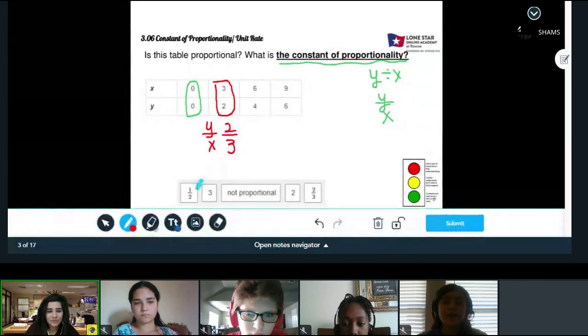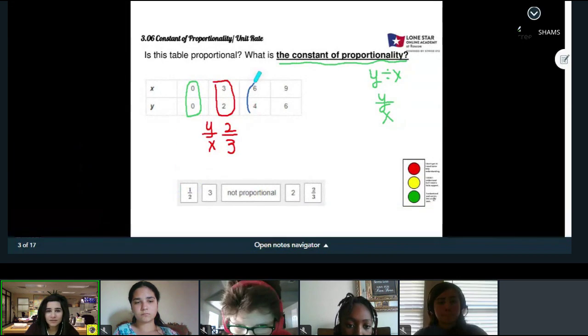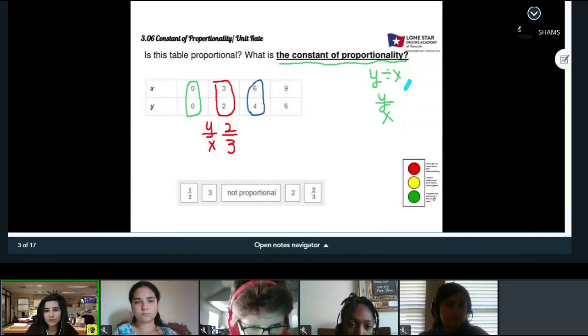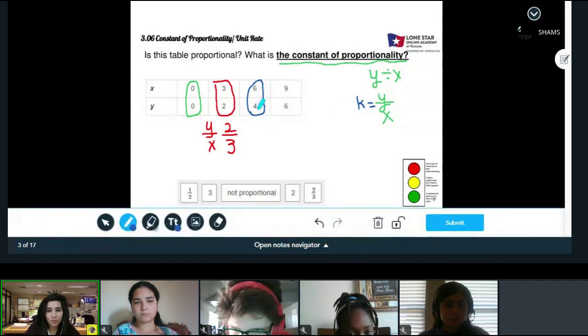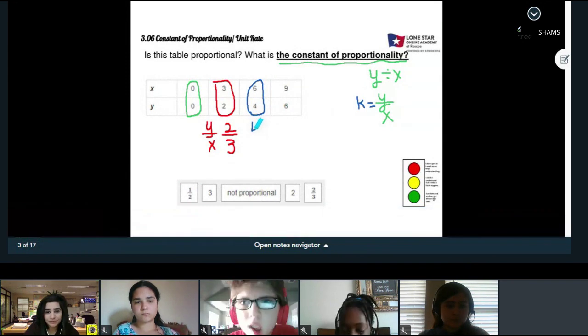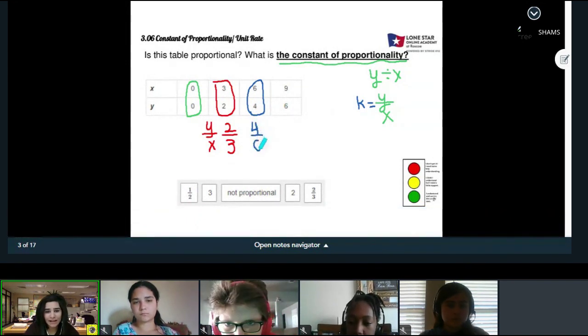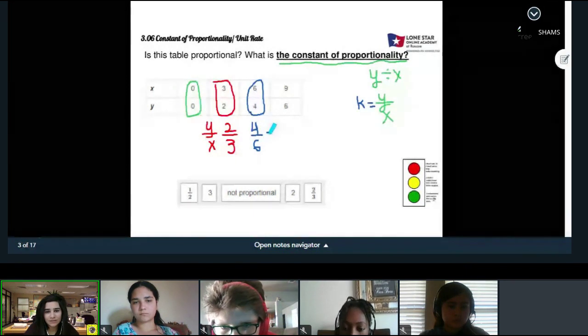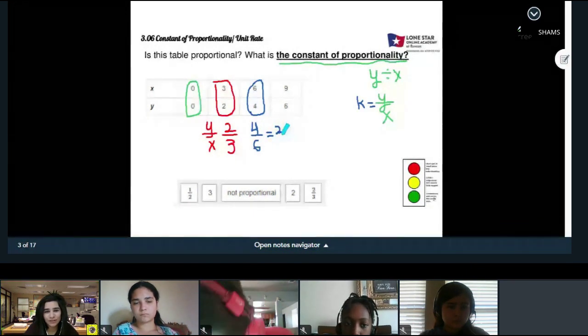Let's see the next one in a different color. 6 over 4. If I do the equation for constant of proportionality, that is k, which is what the lesson says, I will do y, that is 4, over 6, and I will reduce it. When I reduce it, I get 2 over 3.